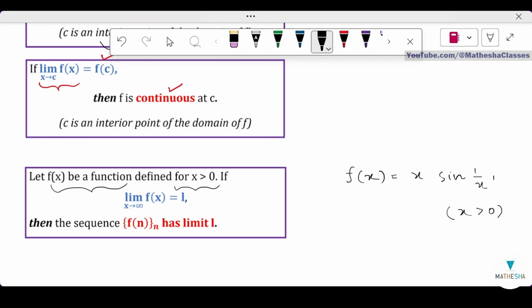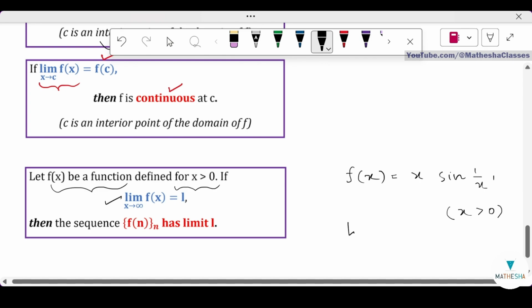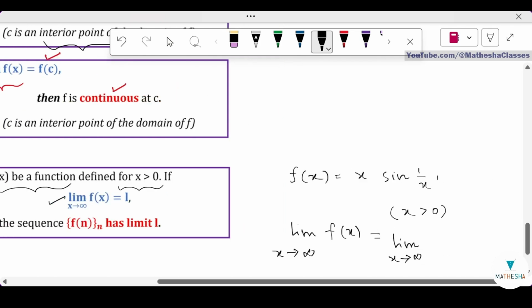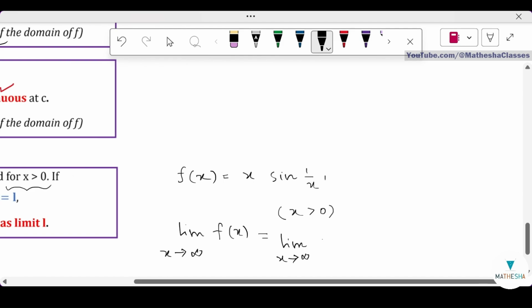अब इस फंक्शन का लिमिट क्या है? When you are considering the limit of the function, limit of f(x) as x tends to infinity, this will be limit x tends to infinity x sine 1 by x.